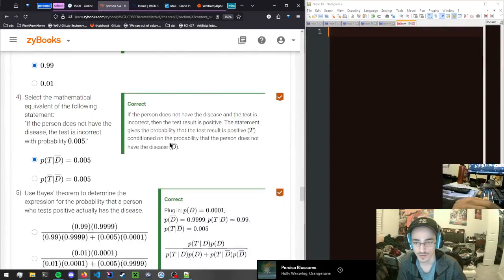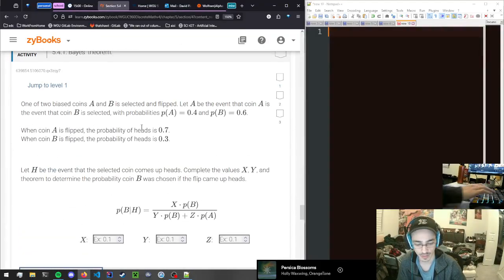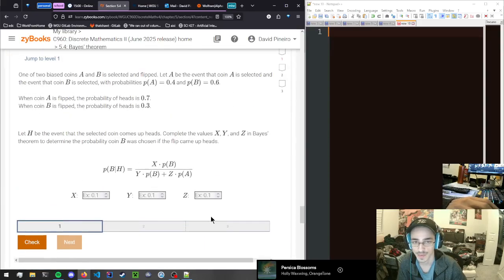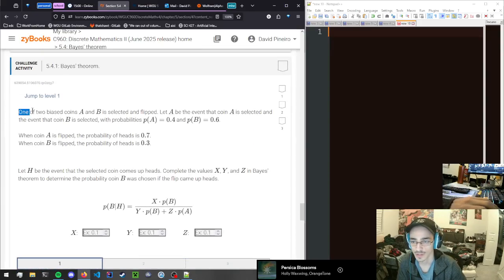I was trying to find a good place to zoom in. Alright, so it says one of two biased coins is selected and flipped. Let A be the event that coin A is selected, and event B is selected right here.